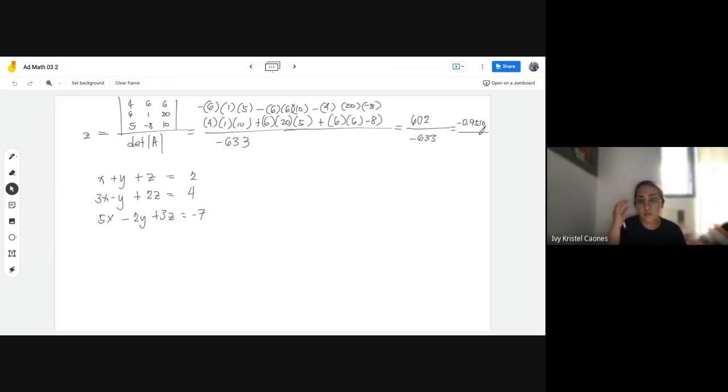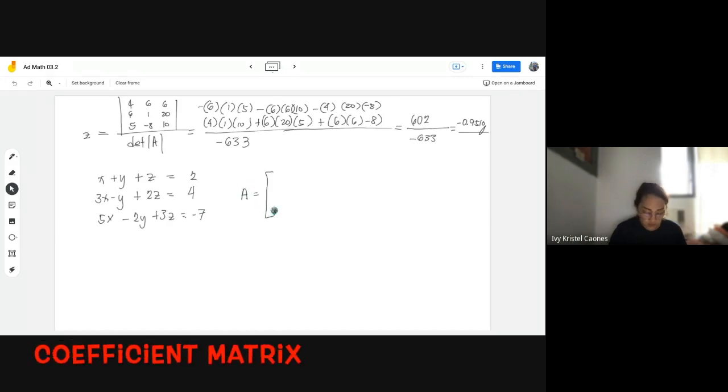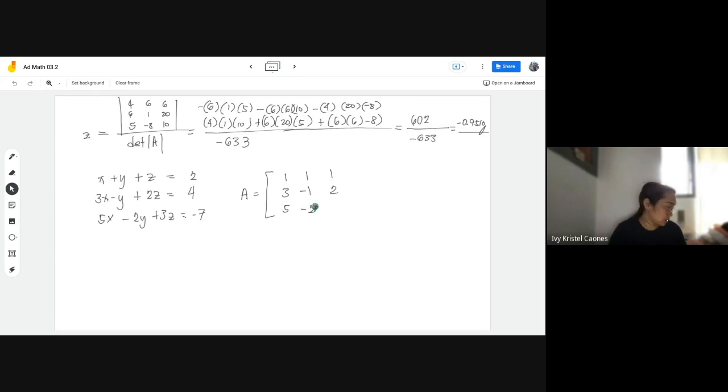If that is Cramer's rule, we have to get first the main matrix. So that will be 1, 1, 1, then 3, negative 1, 2, 5, negative 2, then 3. And let's say E, or the column matrix is 2, 4, negative 7. So what is the determinants of A?